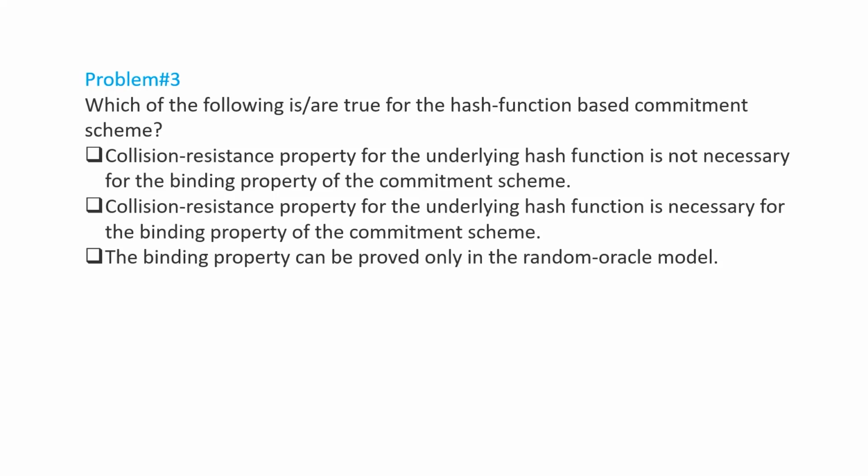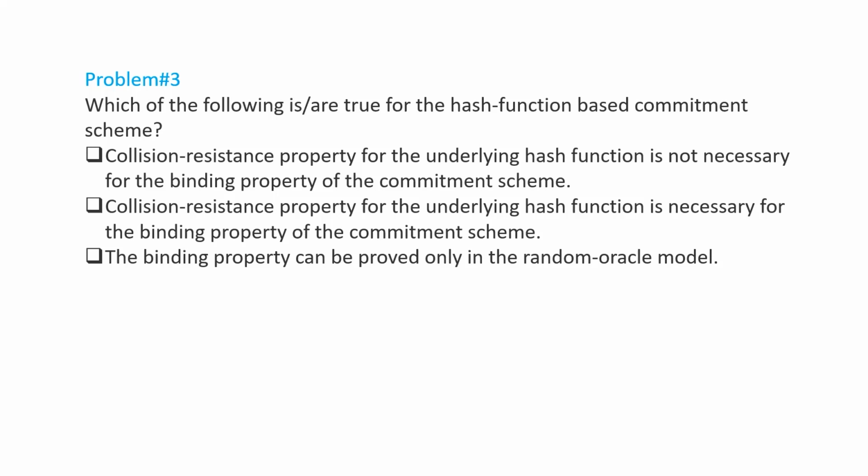And that's when we can actually prove the security of the hiding property of the commitment scheme. So the last statement is wrong, because the binding property can be proved only by the collision resistance property of the hash function. No need to go to the random oracle model. That is needed for the hiding property.